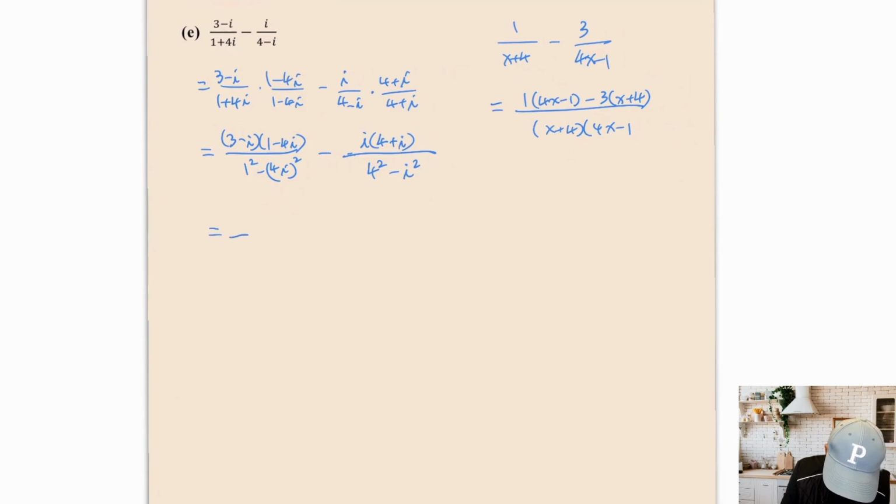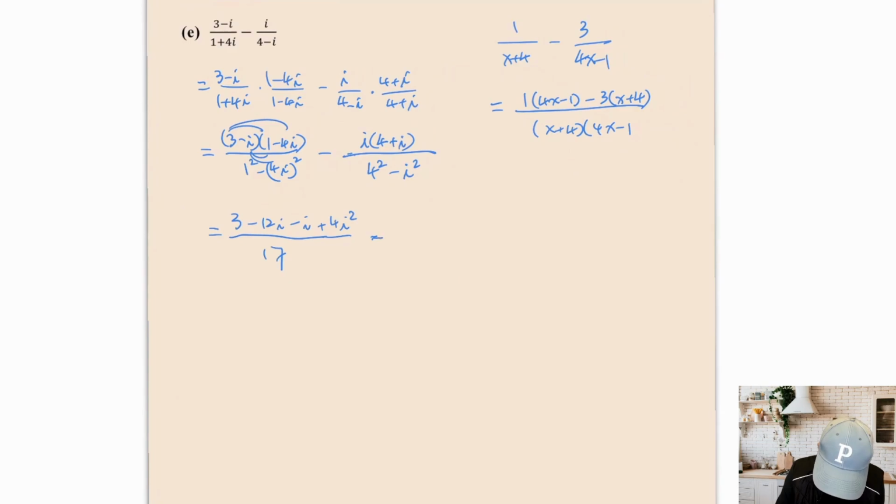The first complex number, 1 minus negative 16, so 1 plus 16 is 17. Okay, the numerator is 3 minus 12i, and then minus i, and then plus 4i squared.